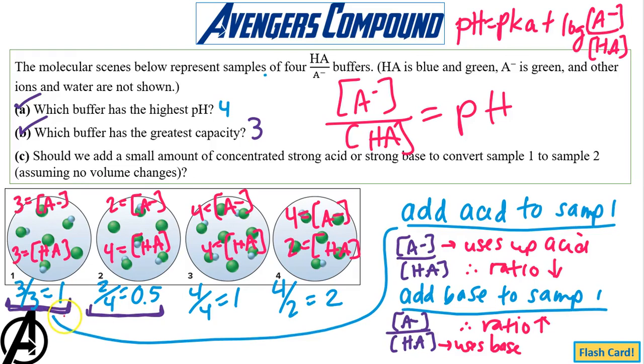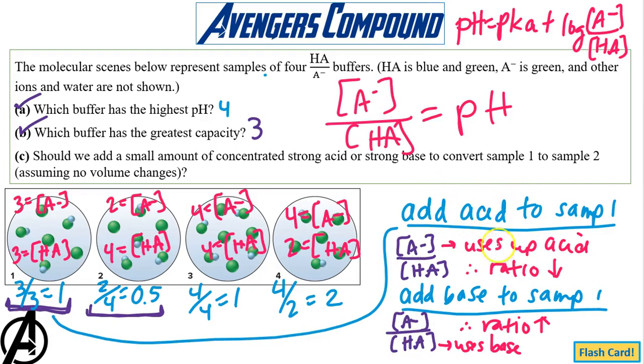So how do we do that? Well, it's all about the ratio. I'm going to focus on sample 1 because that's what they want us to convert. Sample 2, as we see, is going to be lower than sample 1. So the question becomes, if I add acid to sample 1 or if I add base to sample 1, is that going to increase or decrease my ratio? Now we know in order to go from sample 1 to sample 2, we have to effectively decrease our ratio. So let's talk about it.